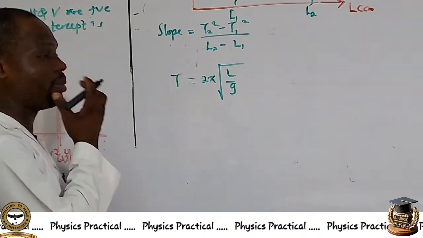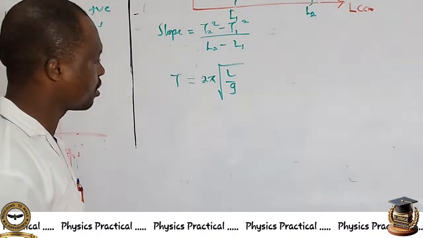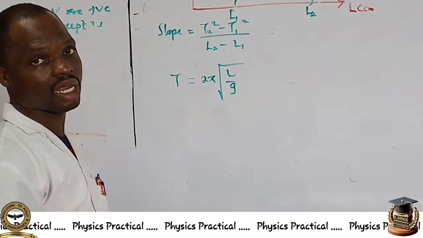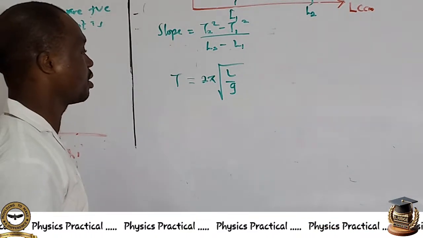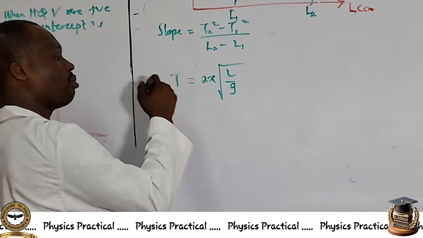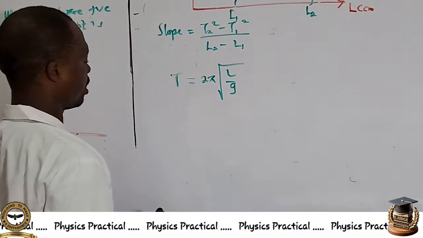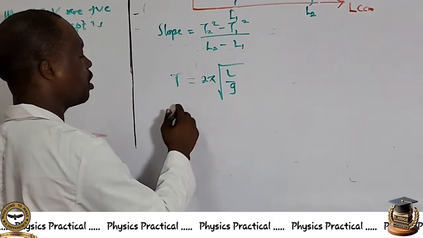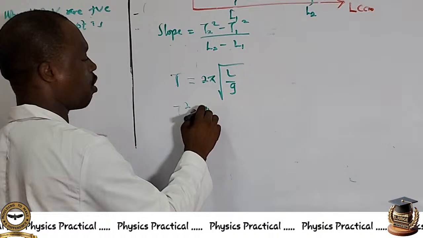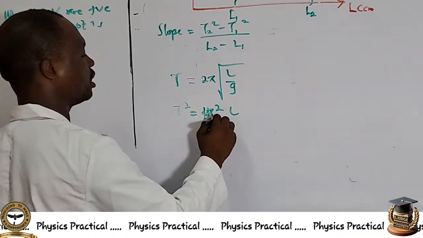For advanced level, you may not be told to plot this against this on the Y and X axis. You may have to determine it using the theory, the mathematical explanation of it. So for a pendulum bob, this is the equation, and squaring both sides, we have T squared equals 4π squared L over g.